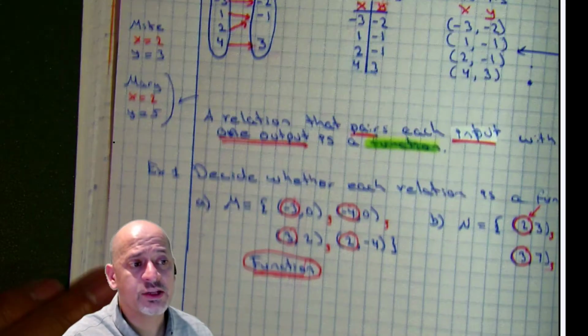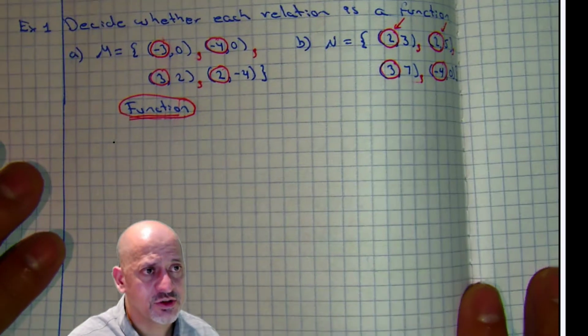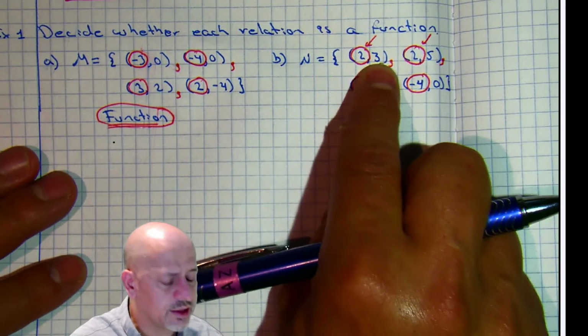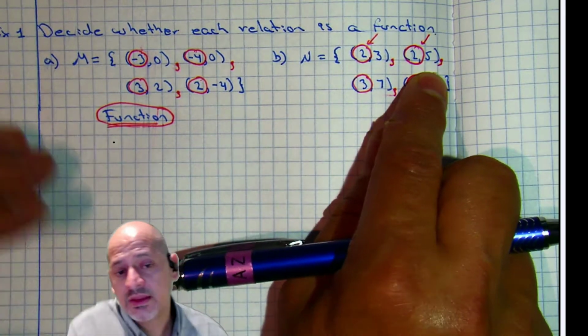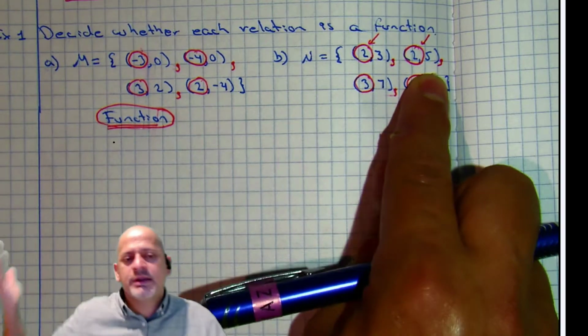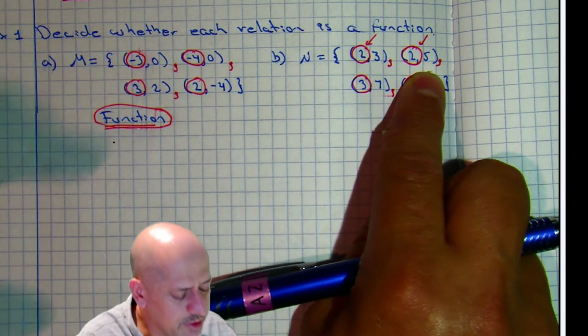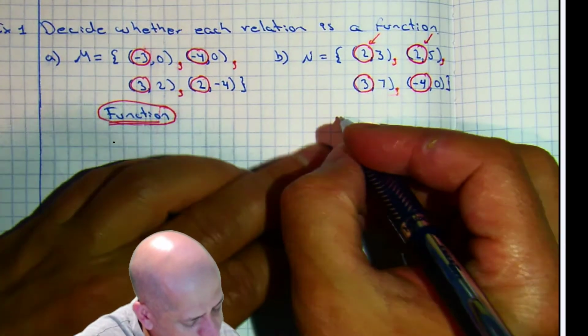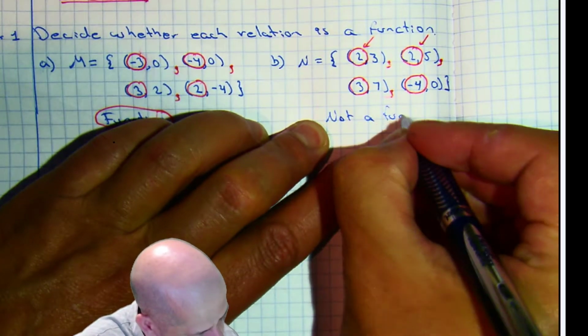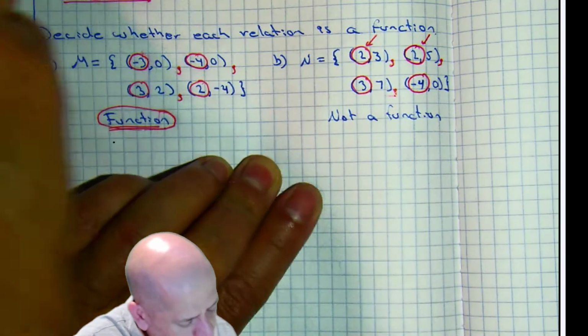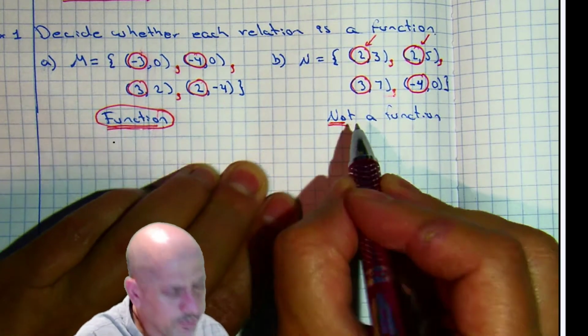So that is why this is not a function. You cannot plug in a 2 and get a 3 the first time, then plug in a 2 and end up with a 5. That makes no sense. That can't happen. So that is not a function. And I want you guys to underline the word not.